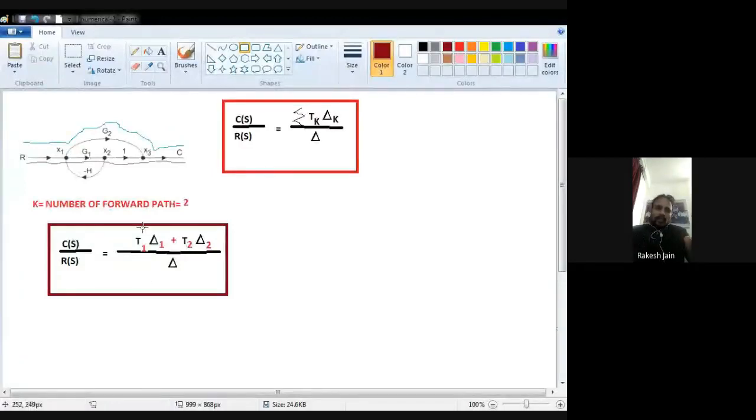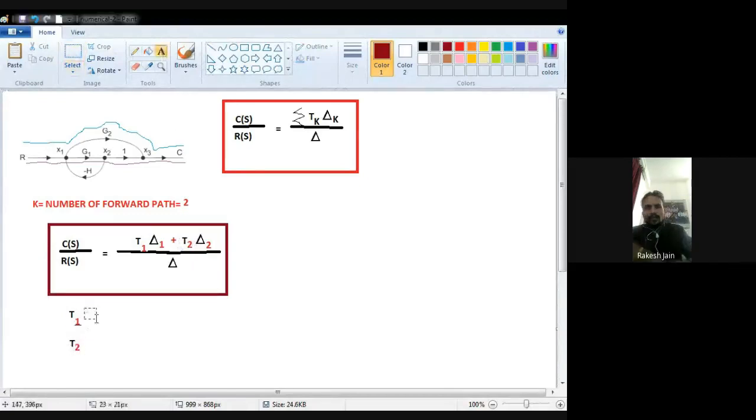So now see, the next step is find out the forward path gain T1 and T2. T1, and the second one which I have to find out for the forward path gain is T2.